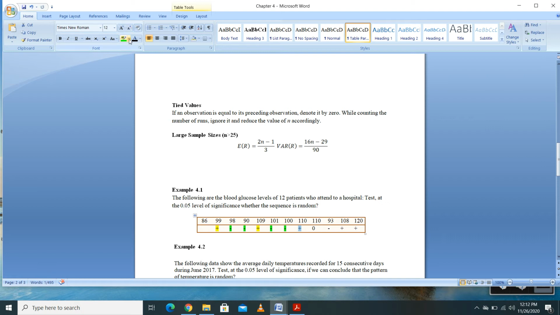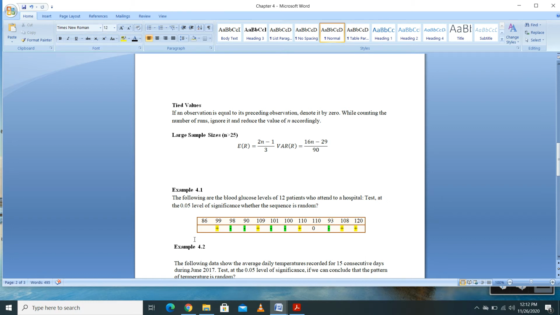You can take this one as one run, and this one as one run, and then finally you have two positives. You can take these two as another run. So let's count the number of runs: 1, 2, 3, 4, 5, 6, 7. So you have 7 runs in your sample.